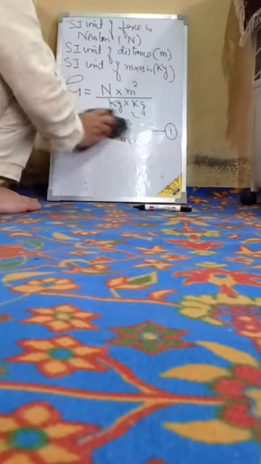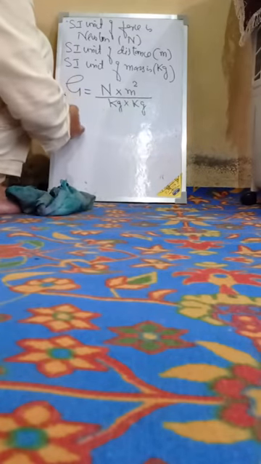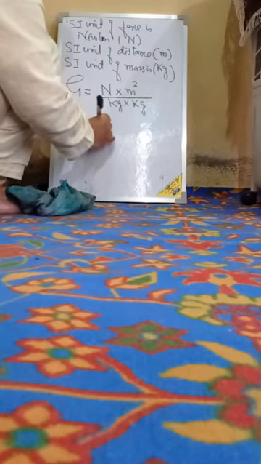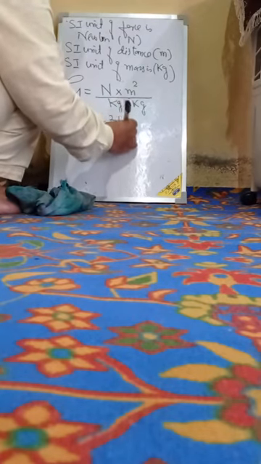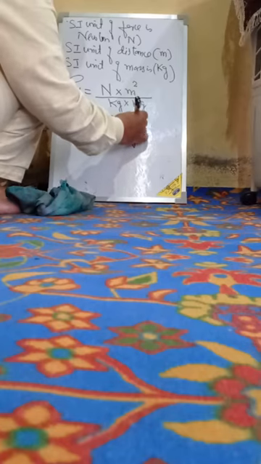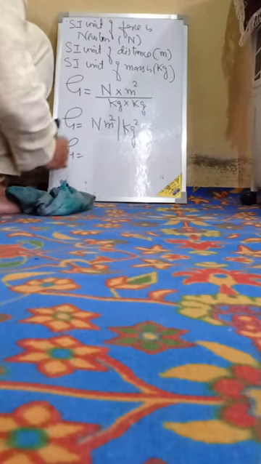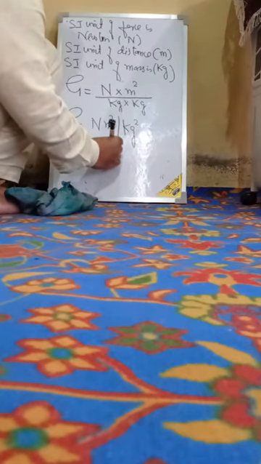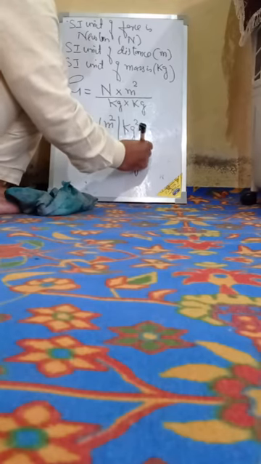That means what I have obtained, G का जो यूनिट है, that is Newton square meter upon kg square. So the SI unit of G, universal gravitational constant G, is Newton meter square upon kg square.